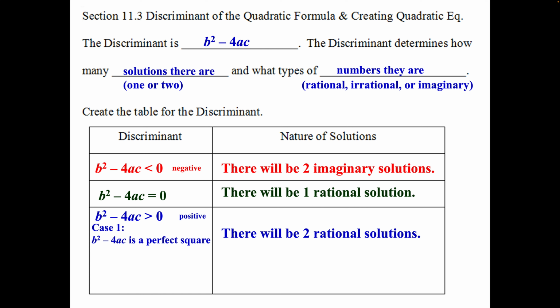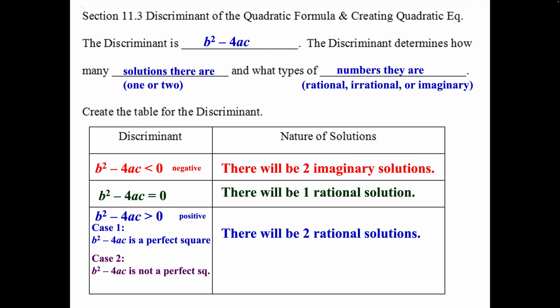So if it's a perfect square, then there will be two rational solutions, which means that on the second fraction of your quadratic formula, the square root symbol completely simplifies away. It is no longer part of the numerator, and so we're going to add and subtract a rational fraction to our existing rational fraction.